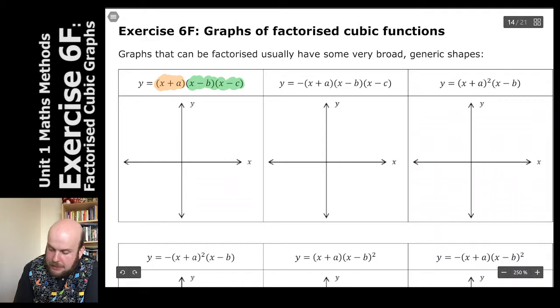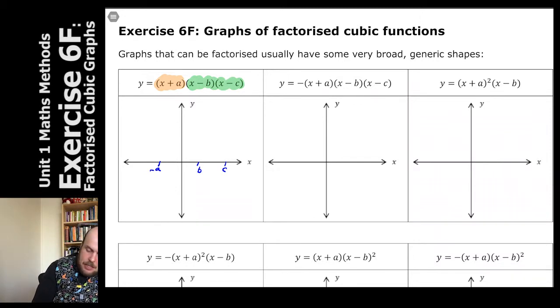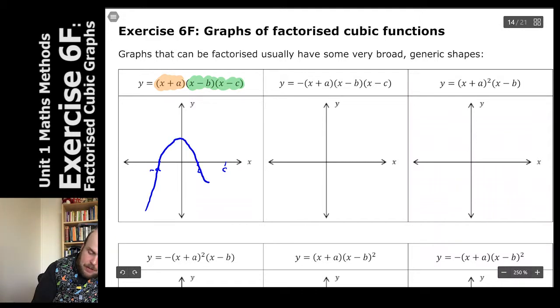If I make this equal to 0, I would have three intercepts: one at negative a, one at b, and one at c, doesn't really matter. So when I'm drawing it, I will start from the bottom left, move my way around, and move my way like so.